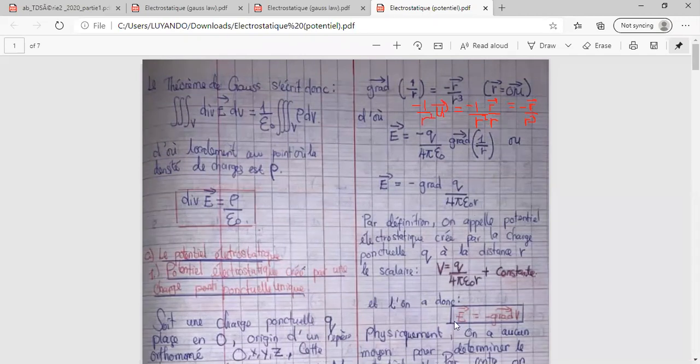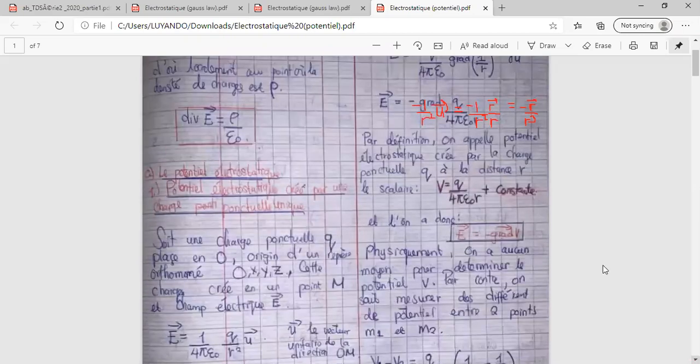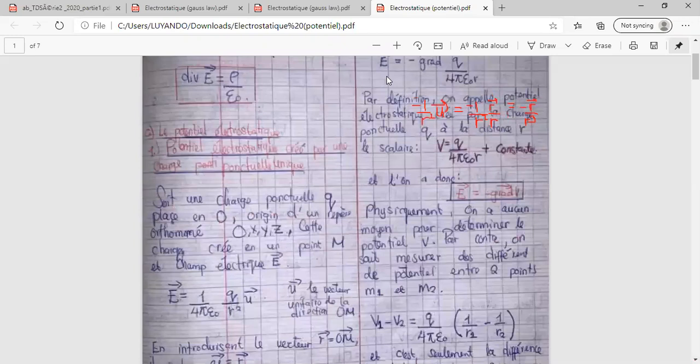So we have our relationship between E and V, which is E is equal to negative grad of V, which was our sole purpose. We're trying to find how we can express the relationship between E and potential, which is what we have here: E is equal to negative grad of V. Am I clear?